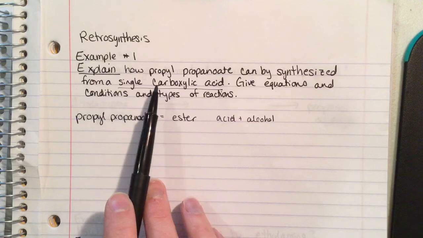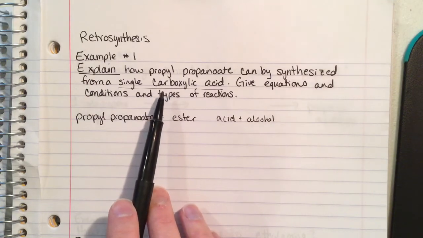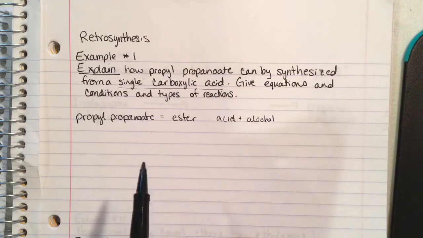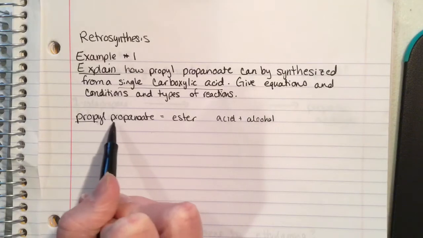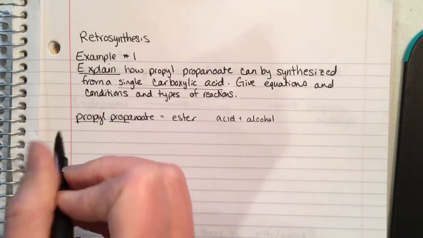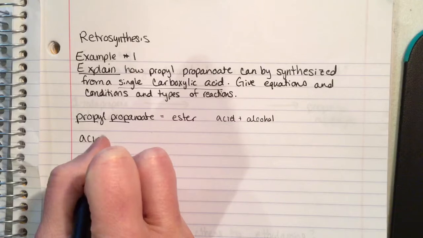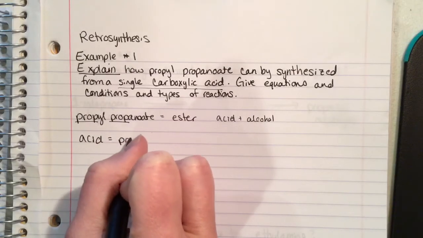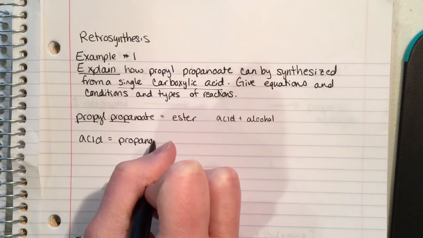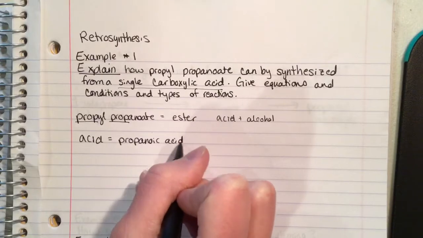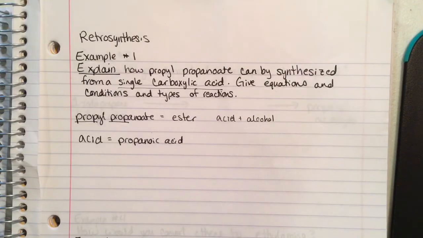And I'm guessing that that acid, since there's prop in both of them, is probably propanoic acid. I mean, that makes sense, right? If it's propyl and propanoate, then it's probably propanoic acid is what I get to use.